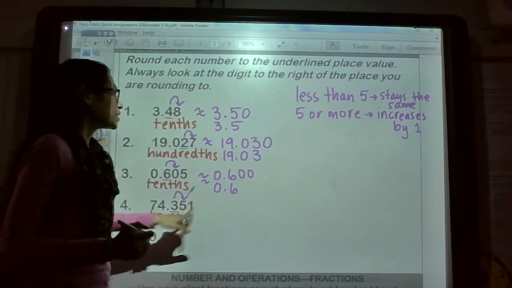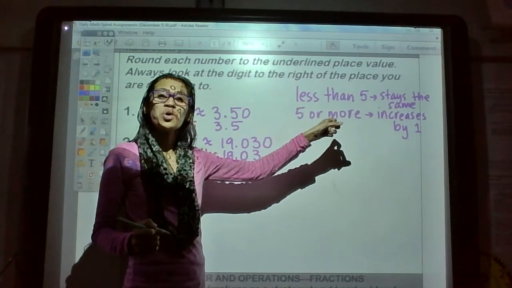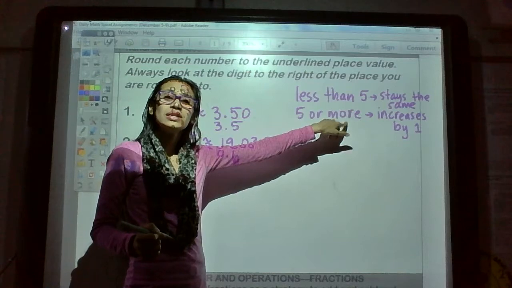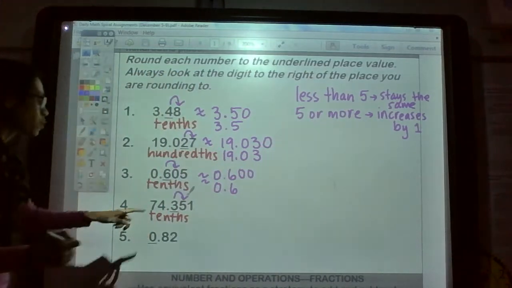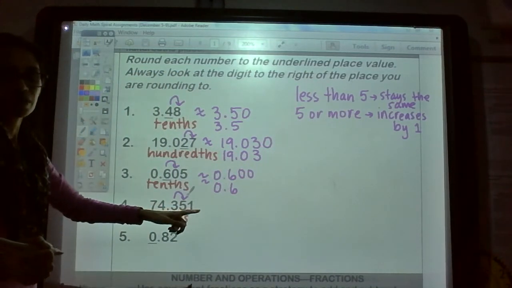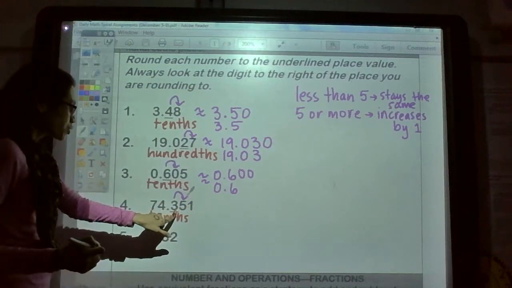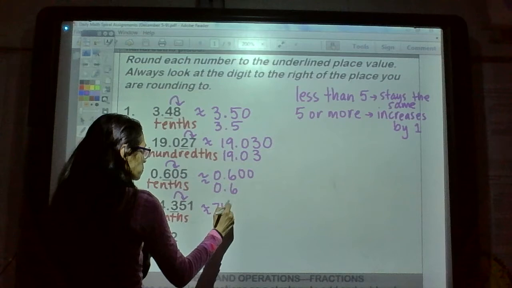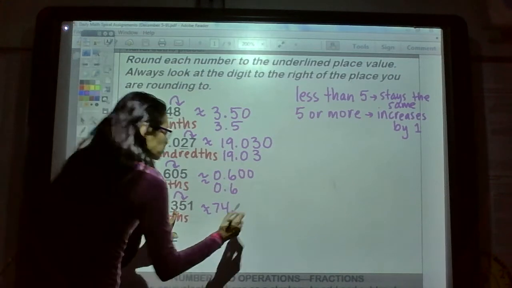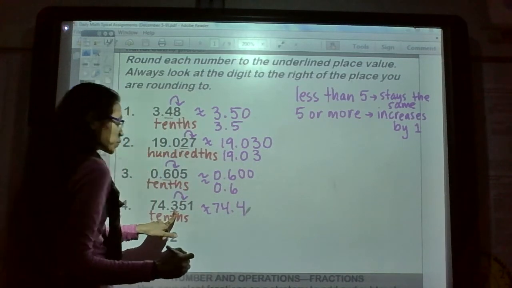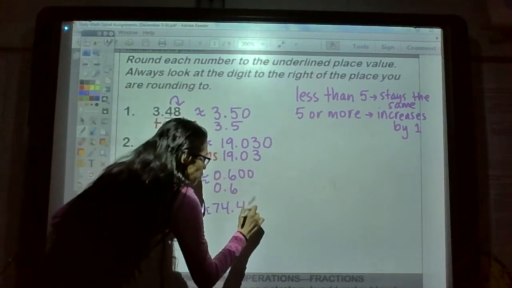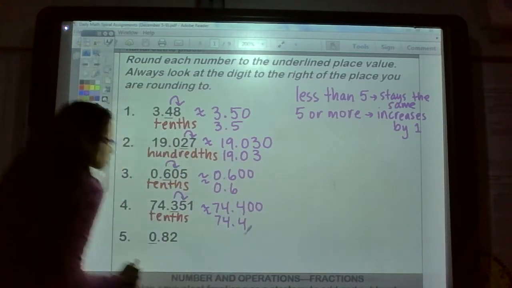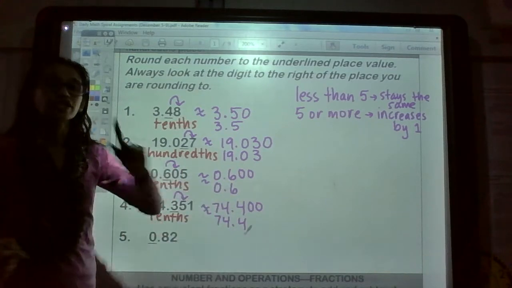Is that 5 less than 5 or 5 or more? It's 5 or more, which means that number needs to increase by 1. Which number? The one that's underlined. So that 3 increases by 1. So I have 74, and this 3 becomes a 4, and the rest, zeros. Or we can write 74 and 4 tenths. Remember, these numbers are equal.